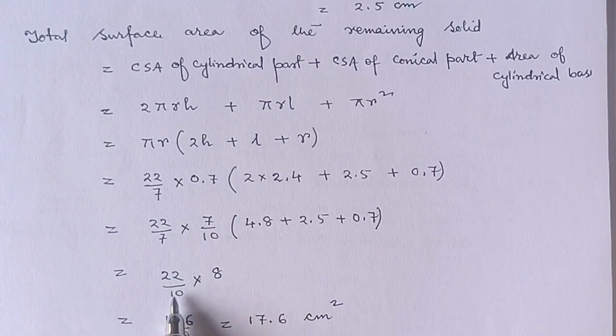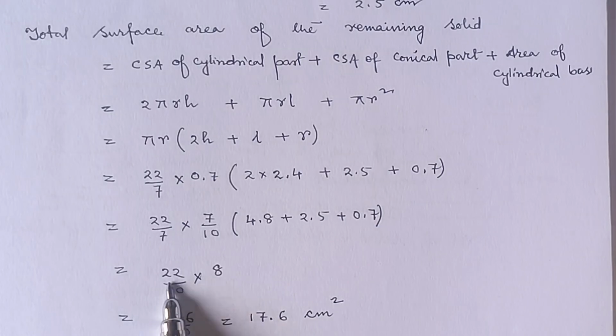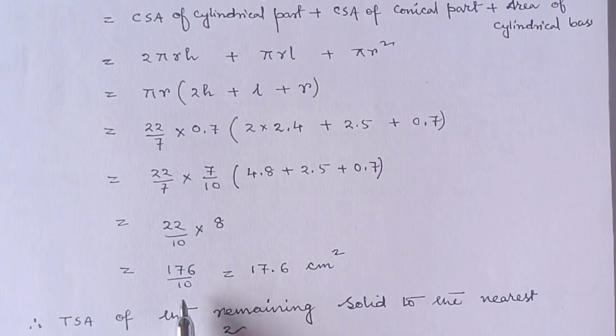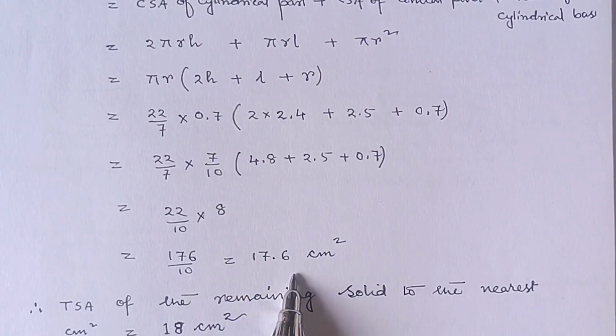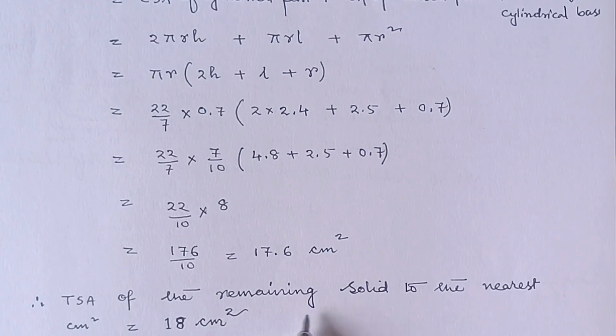We are left with 22 by 10 into, if I add these 3, it will be 8. So 22 into 8 is 176 by 10, which will give 17.6 centimeter square. As given in the question, we need total surface area to the nearest centimeter square. Therefore total surface area of the remaining solid to the nearest centimeter square is 18 centimeter square.